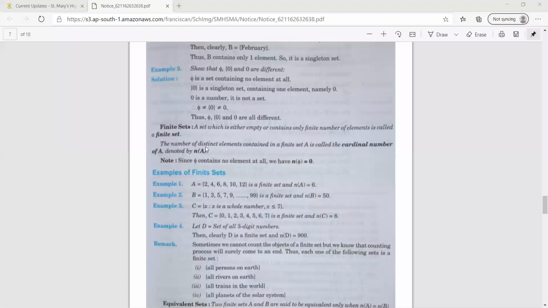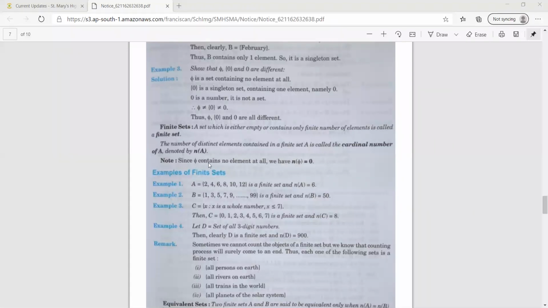Sometimes if elements are repeated, you will not count them as different elements. So you count the number of elements, and whatever number you get, that is called the cardinal number of set A. That is how you show it. So when n(A) is written, you are supposed to read it as the cardinal number of A.